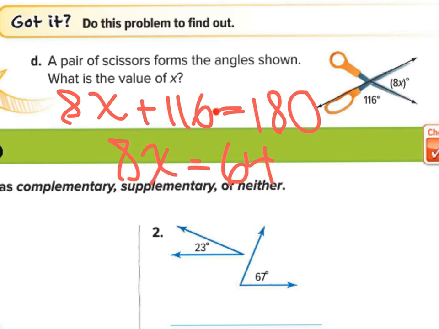When I invert the operation and subtract 116 from 180, I get 64, so it's 8x equals 64. And when I divide both sides by 8, so I can isolate the variable, I get x equals 8.